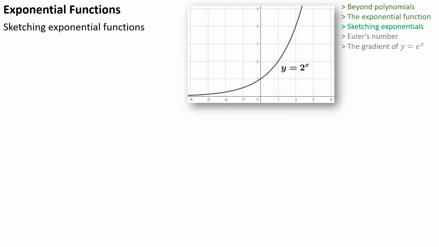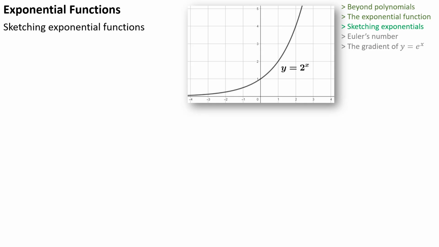Next, we're going to look at sketching exponential functions. Now, if you're familiar with the general shape, for instance, y equals 2 to the x, then you can already sketch things like y equals 5 to the x or y equals 27 to the x. They will all be increasing at an ever-increasing rate. That's what we mean by exponential growth. They'll all cross the y-axis at (0, 1).